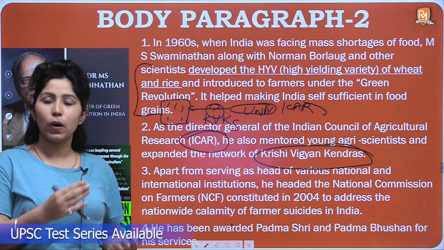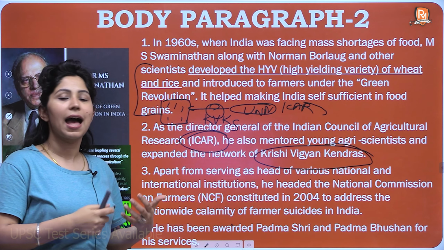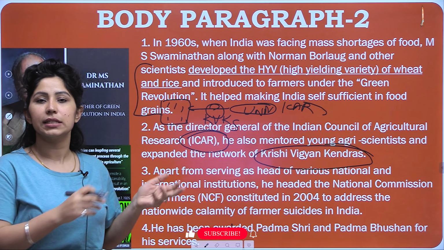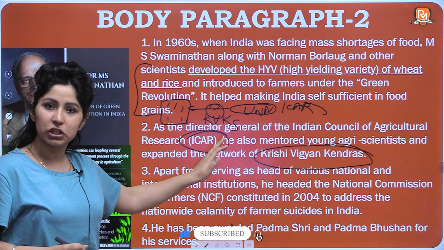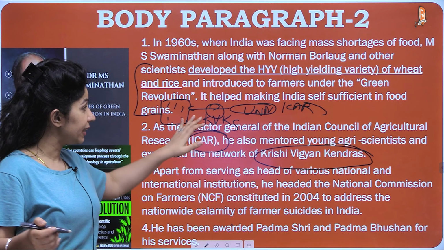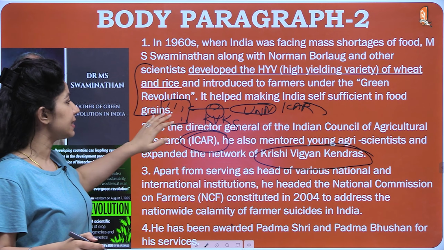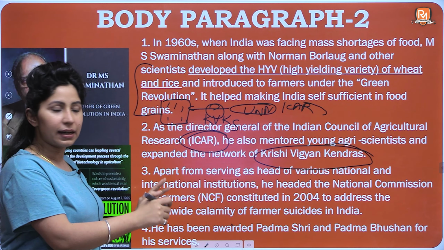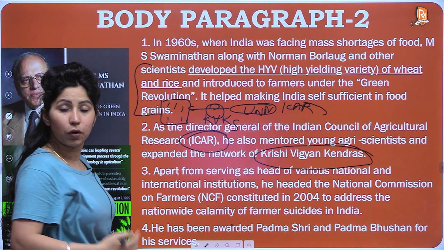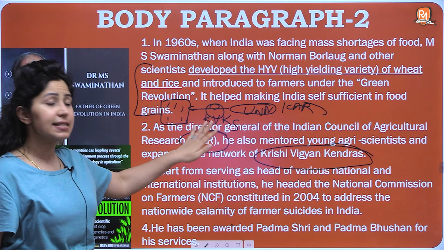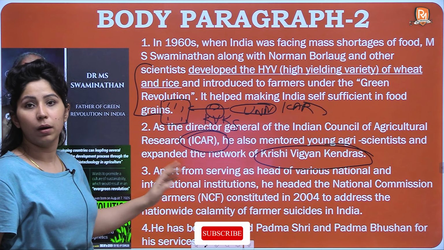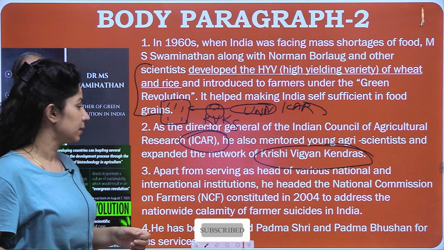Many interns who are pursuing agriculture as their careers or studying in agriculture universities, they go to KVKs for internships, for interacting directly with the farmers, and through KVKs they are sent to fields for better interaction, or farmers approach KVKs for improvement in the farming or agriculture practices. So KVKs are one-stop centers for Indian agriculture, for Indian farmers.